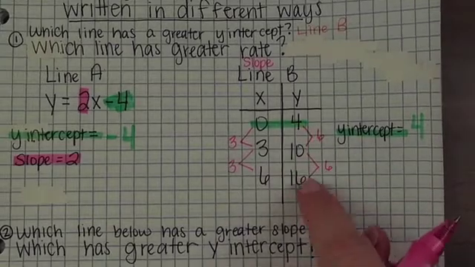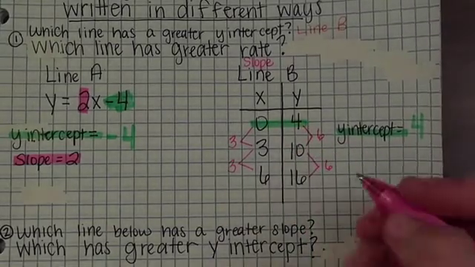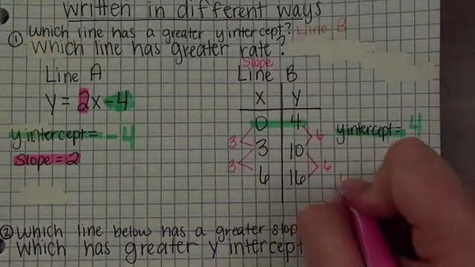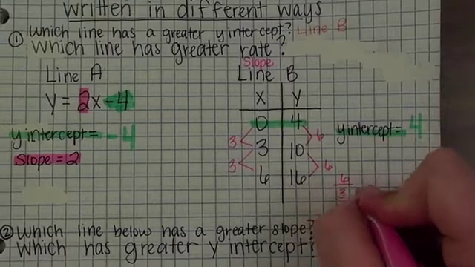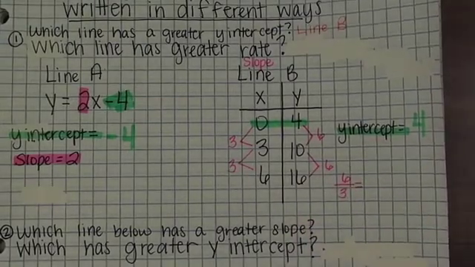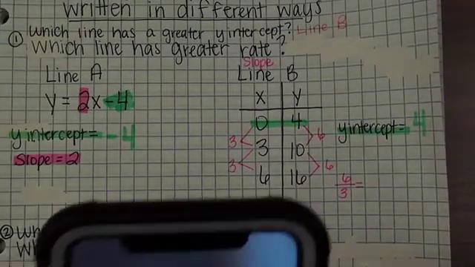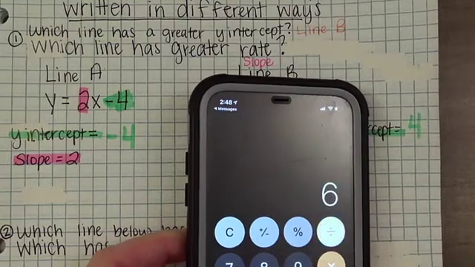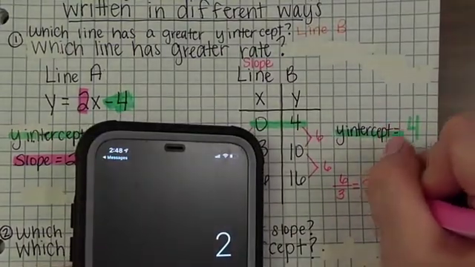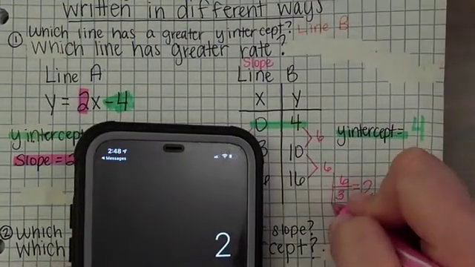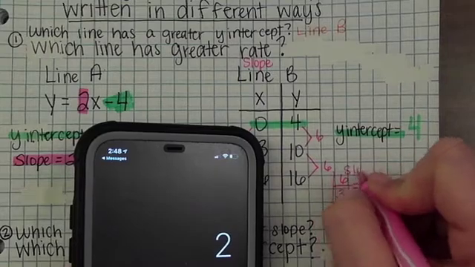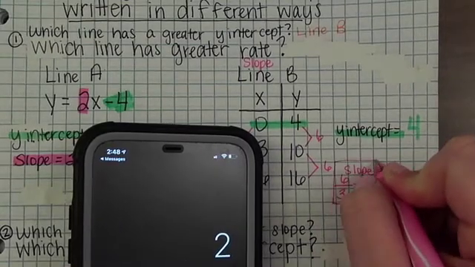Then you're going to set it up as the change of y over change of x. 6 divided by 3 is 2. And that would be our slope or rate.